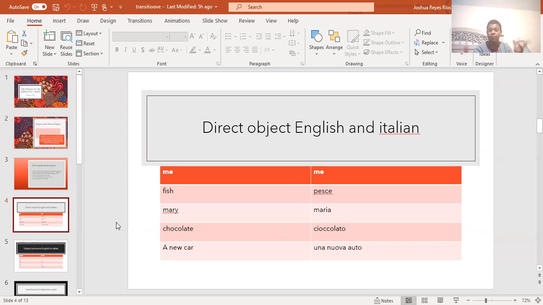I'm not really good at pronouncing other languages, but fish is pesce, Marie, Maria. I know it's worded a different way. Chocolate, cioccolato. A new car, un nuovo auto. See, it sounds almost close to English. Now let's go to the next one.